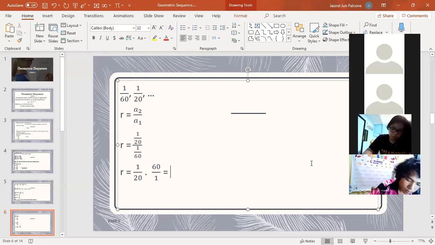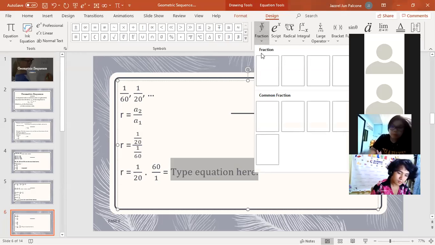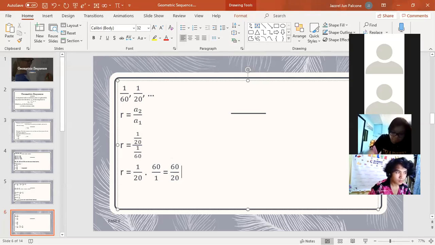Ask natin, Tristan. Ano magiging panibago nating equation, Tristan? 60 over 20. And then lastly, ano yung magiging sagot natin sa 60 over 20, Tristan? 3 over 1 or simply, pwede na siya 3. Okay? Kasi 60 divided by 20 is equals to 3. 3 divided by 1 is still 3.